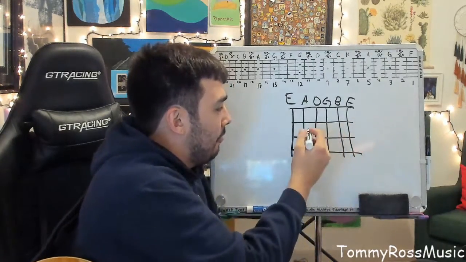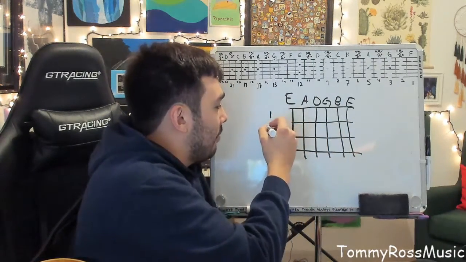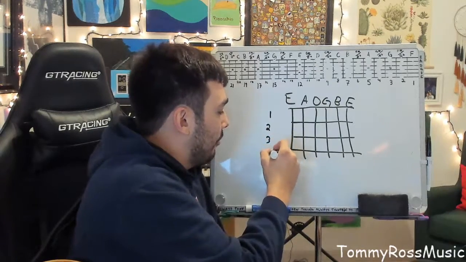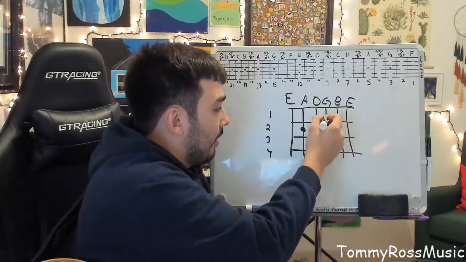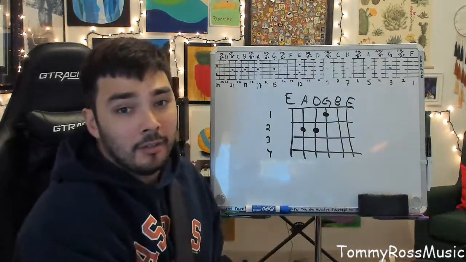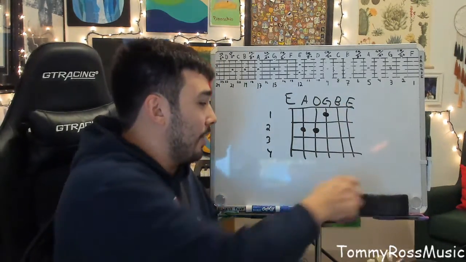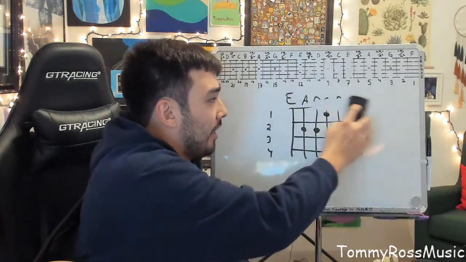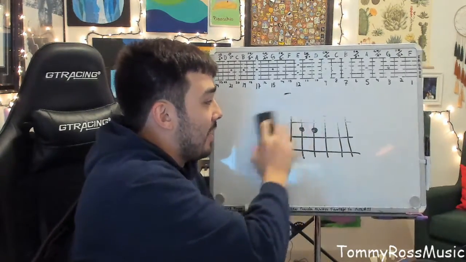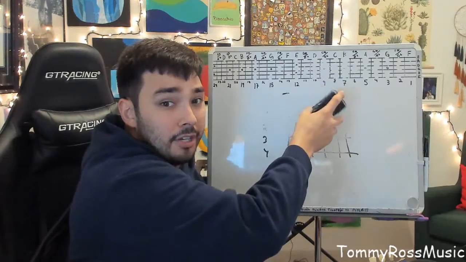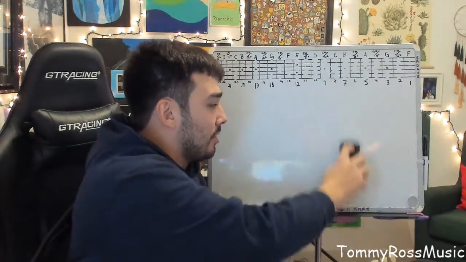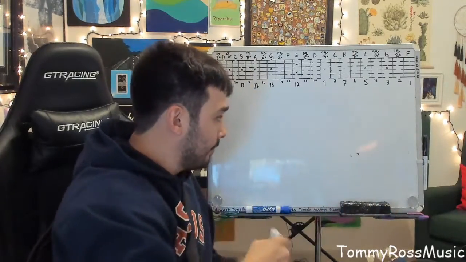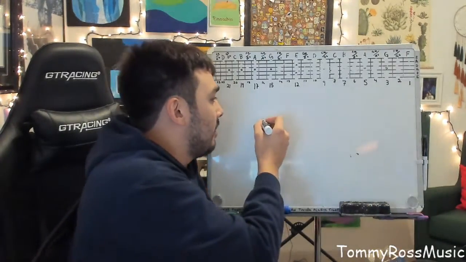For an E chord, you'd have the 1, 2, 3, 4 fret, and it would look like this, right? We're going to do things a little bit different for drawing out scales. We're going to take that same concept and turn it clockwise, just as if you were staring at my guitar neck. Okay? So look at this.